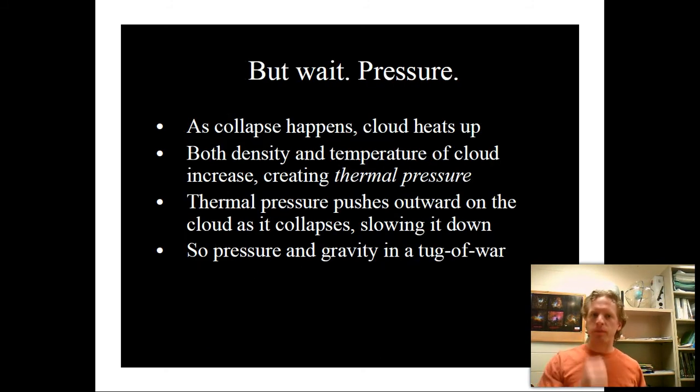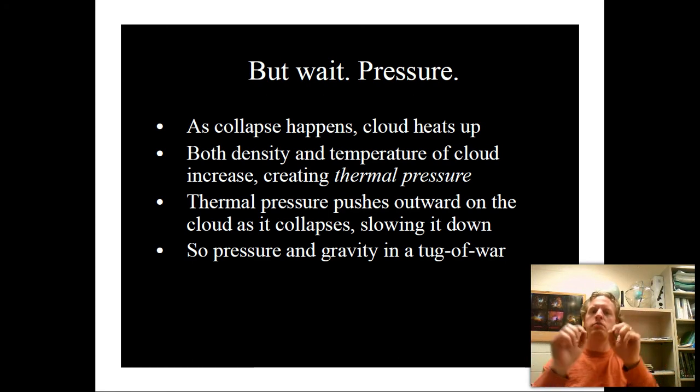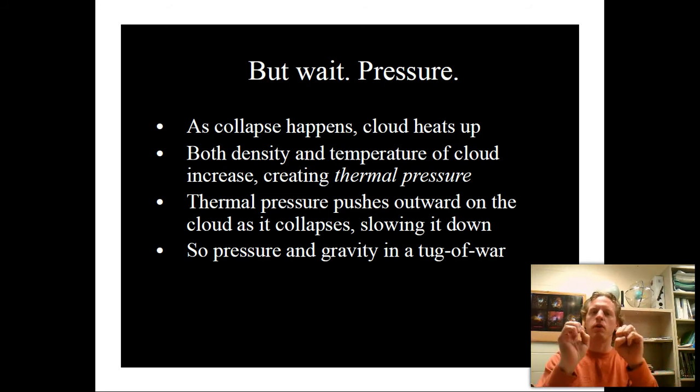But at the same time, gravity isn't the only thing acting on this. As gravity starts to pull things together, we also have pressure, which is pushing the molecules away from each other. As things get denser and denser, more and more pressure builds up. So pressure is working to stop the contraction, but gravity is working to make the contraction happen.